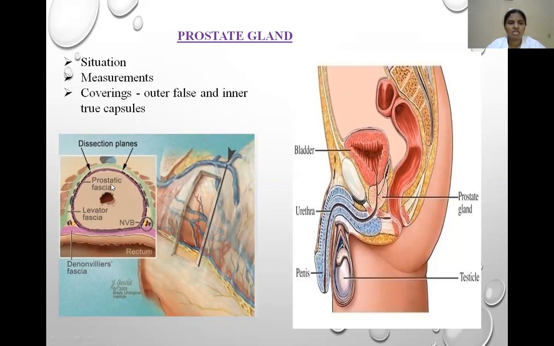So the prostate gland is surrounded by two capsules, inner true capsule and outer false capsule. The false capsule is a condensation of the visceral layer of the pelvic fascia, whereas the inner true capsule is a condensation of its own fibrous stroma. In between these two capsules, we can find the venous plexus, the prostatic venous plexus.